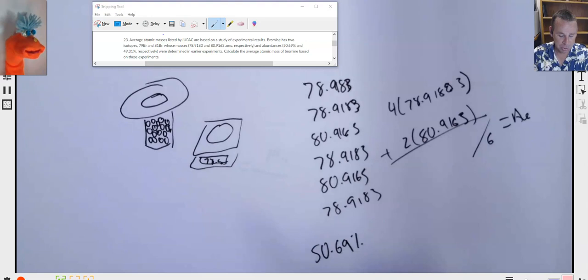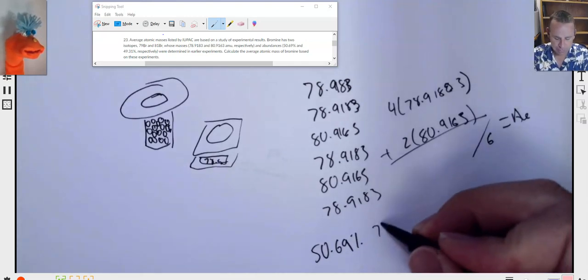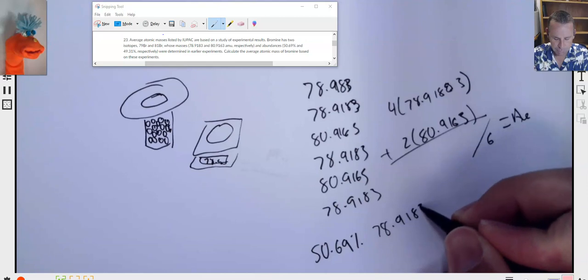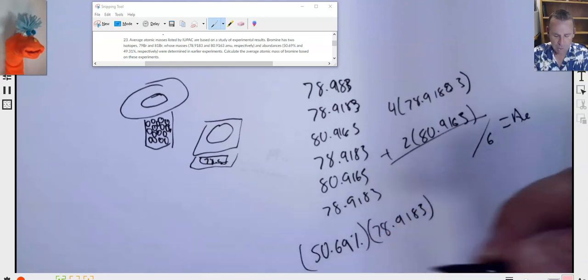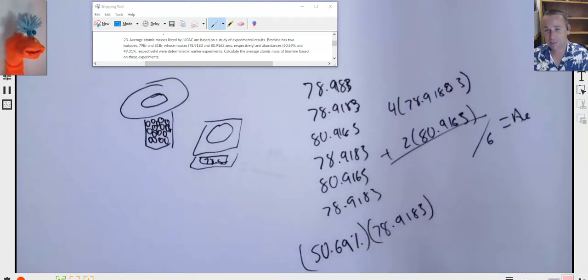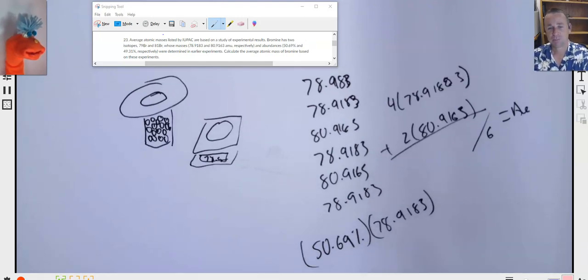Out of the 100 balls that I pulled out, 50.69 of them had a mass of 78.9183. Okay? So that is like adding up this mass 50.69 times.